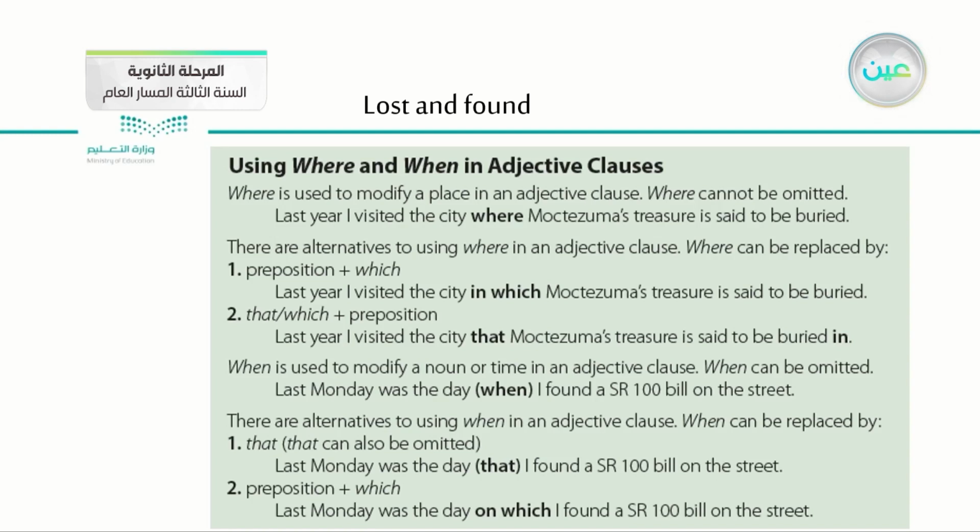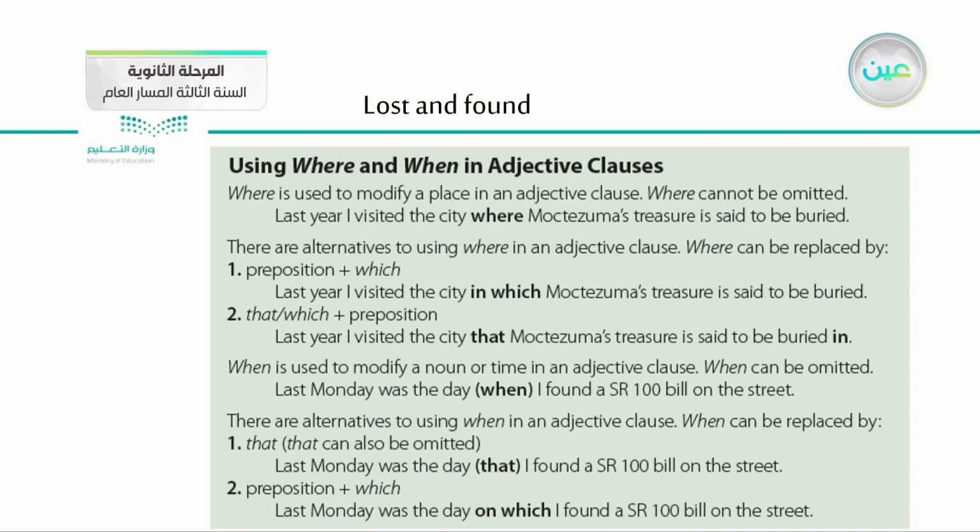So an alternative is preposition plus which. Look at this example: last year I visited the city in which, as you see here, we use the preposition in, and which is the word describing the noun city.